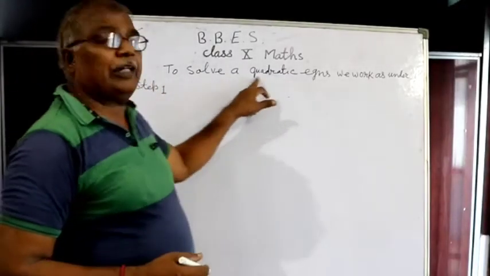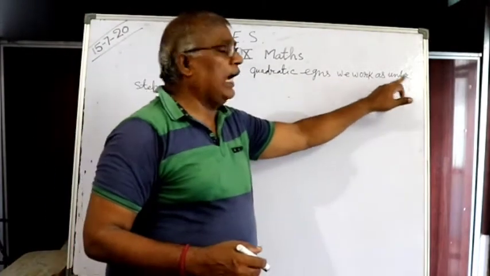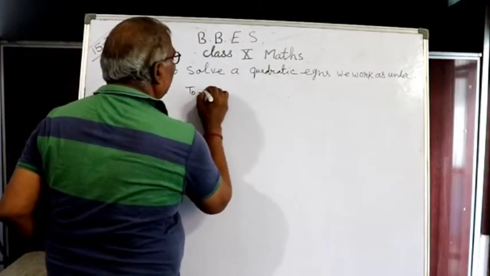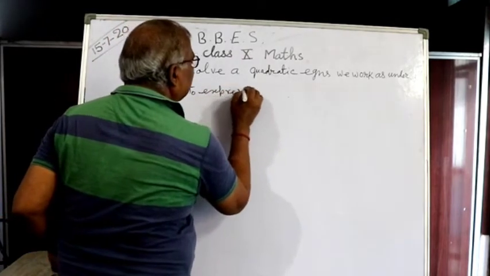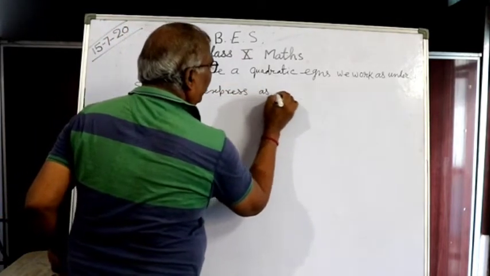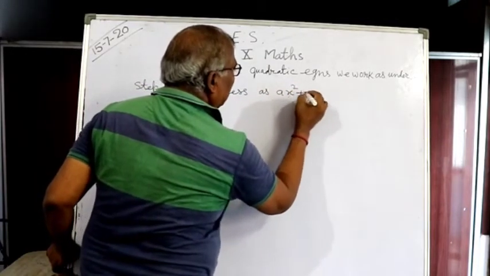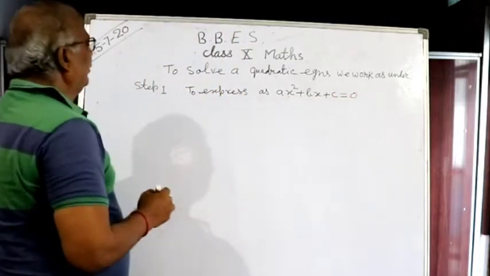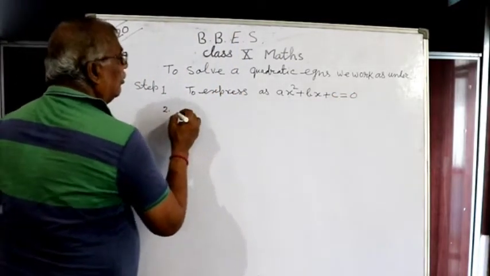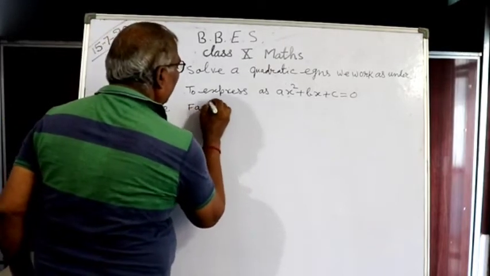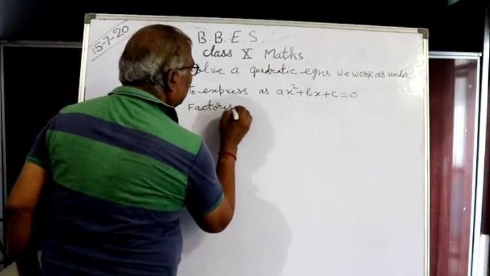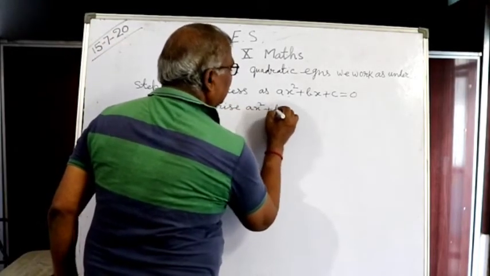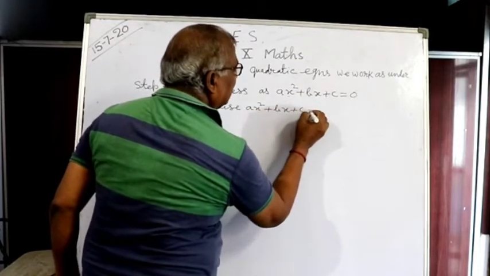Now, to solve a quadratic equation, we work as under. Step 1. Express it as ax square plus bx plus c is equal to 0. Second, factorize ax square plus bx plus c.